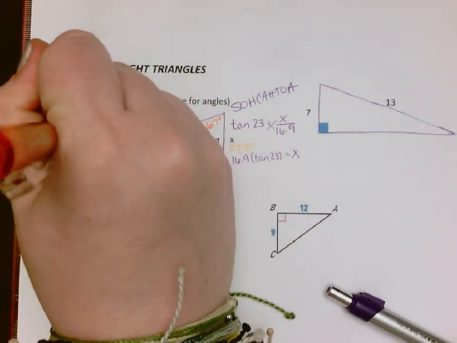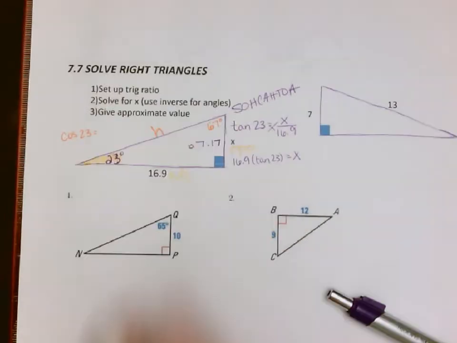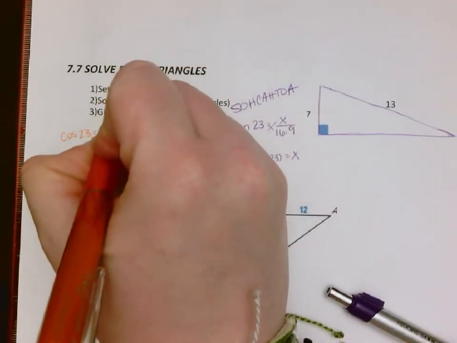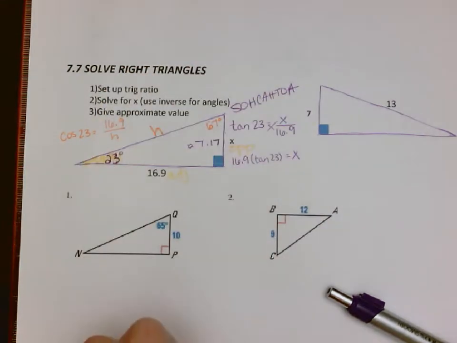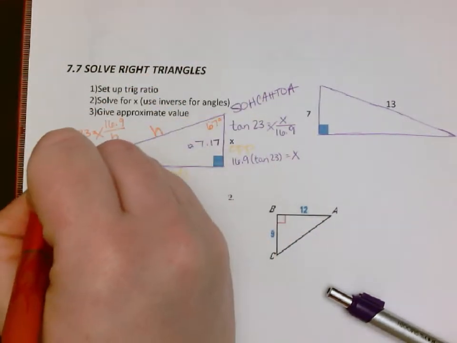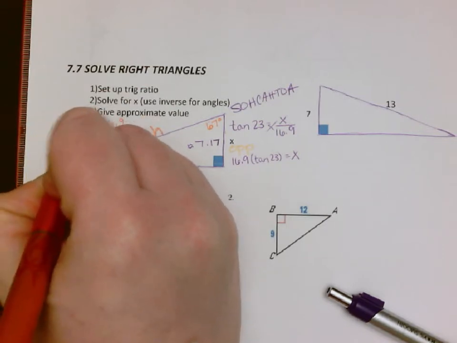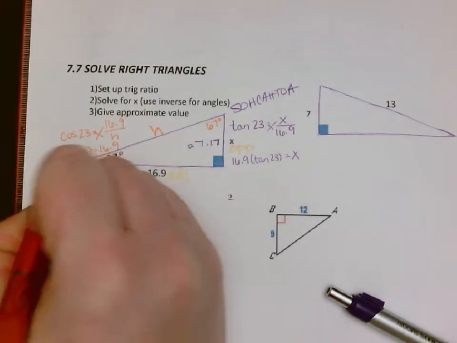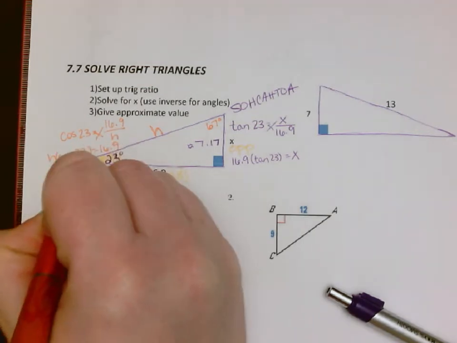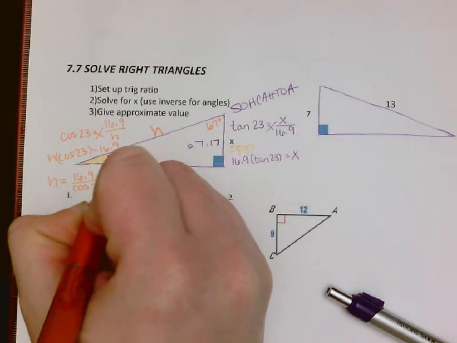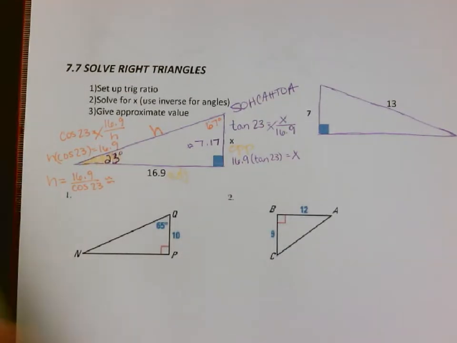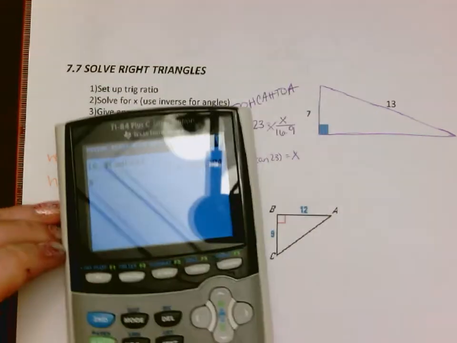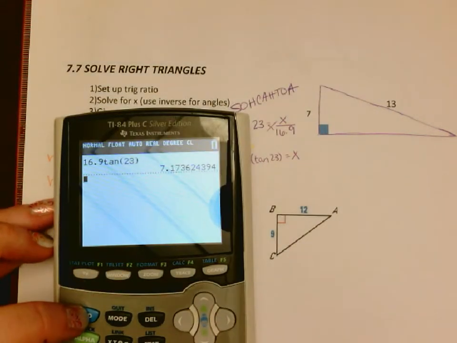So I would go cosine of 23 equals 16.9 over h, cross multiply, h times cosine 23 equals 16.9, divided out, hypotenuse equals 16.9 divided by cosine of 23, which, plugging that in my calculator, approximates out to be 18.36.